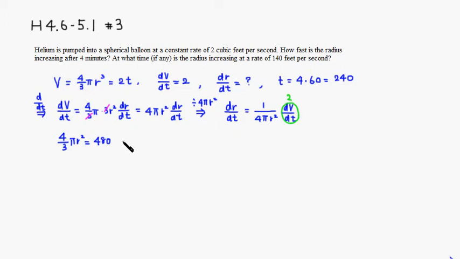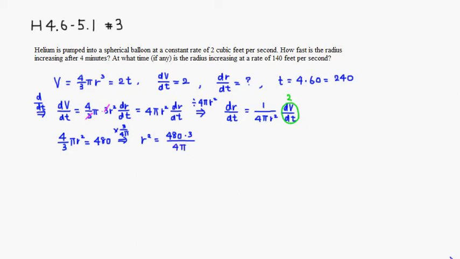We can find r cubed by multiplying by the reciprocal, 3 over 4 pi, so r cubed is by itself, and you have 480 times 3 over 4 pi.